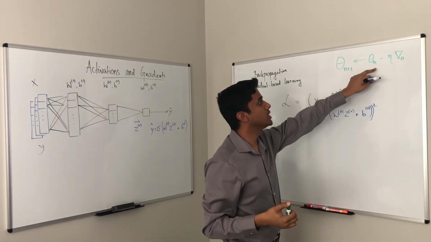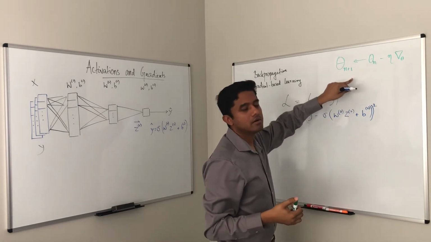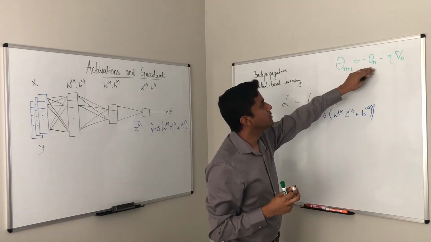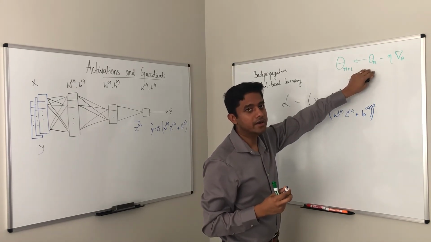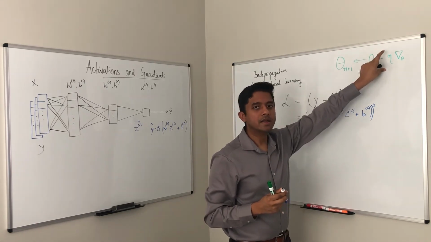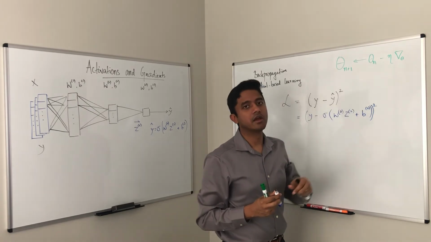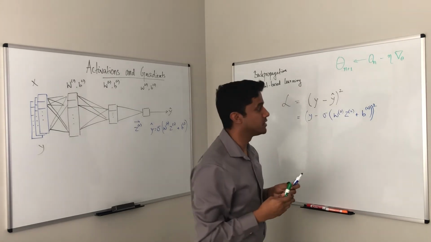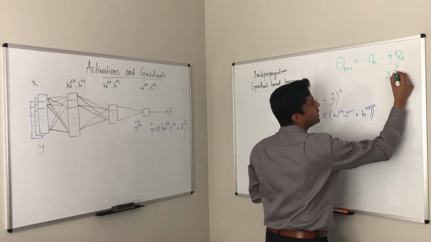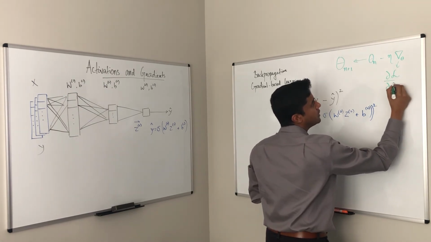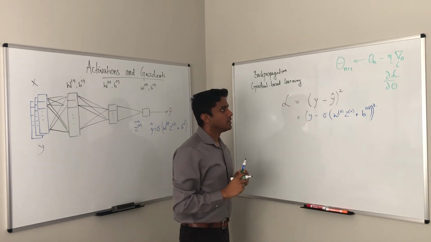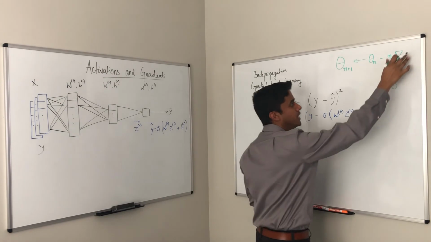So at iteration n, I'm going to update my parameter theta by using the value I have at that iteration minus some multiplier times the gradient of the loss function with respect to theta. So the gradient is important.